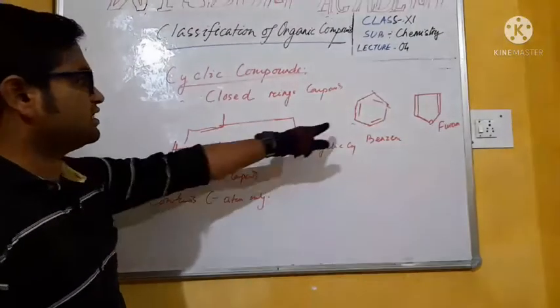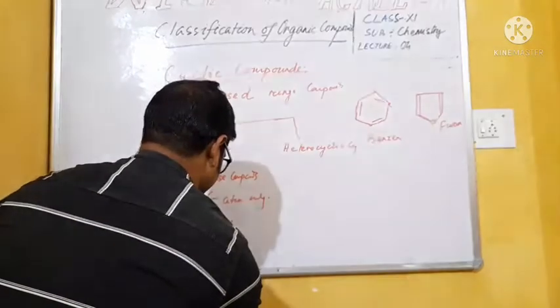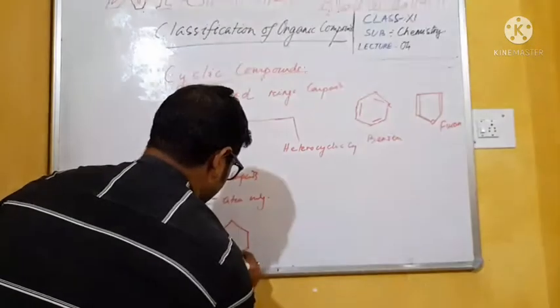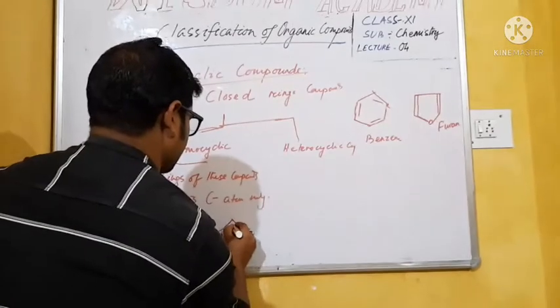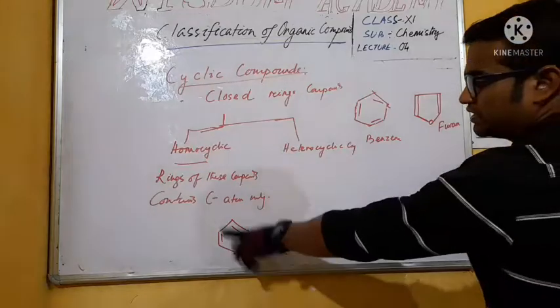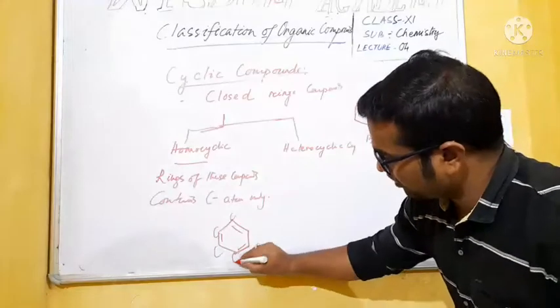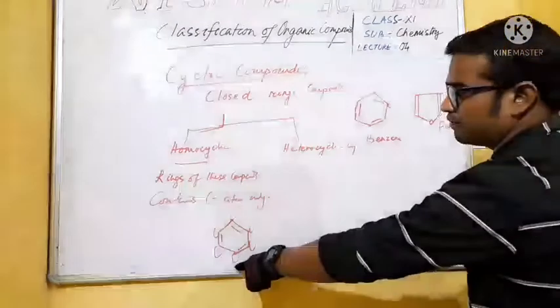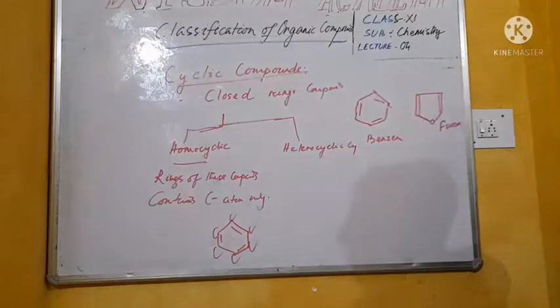Homocyclic is like that. Benzene has only carbon atoms present. This one is carbon, carbon, carbon, carbon, carbon, carbon. So the same type of atom is present in this ring compound.